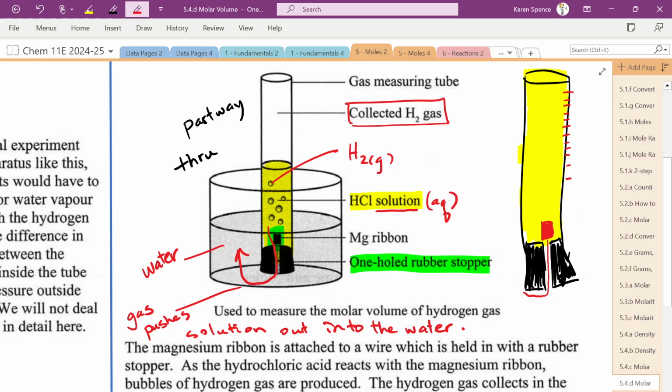Let's turn that off so you don't get blinded. The water surface is, there's too little.